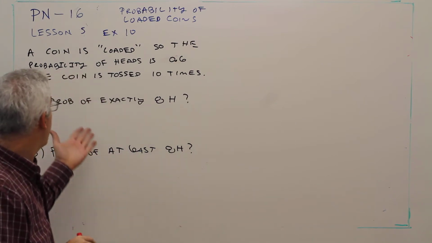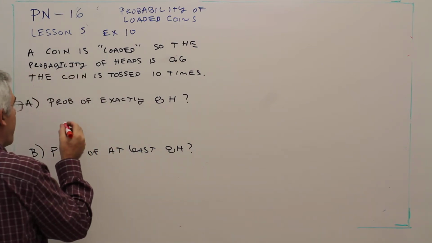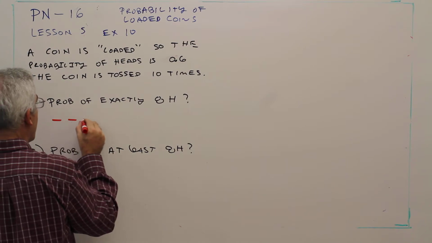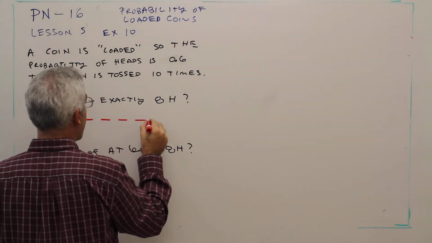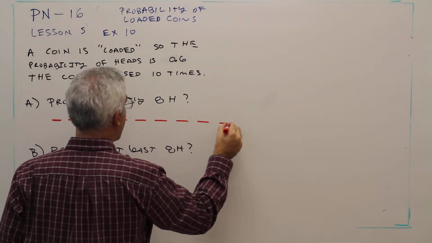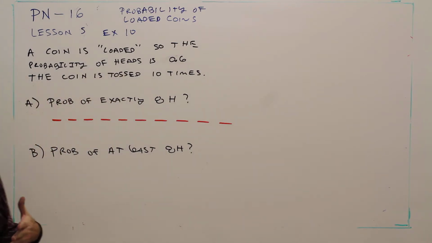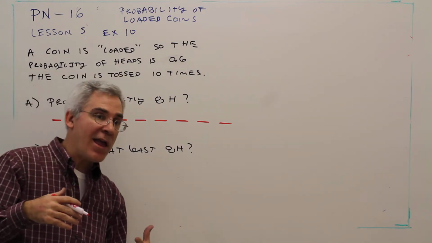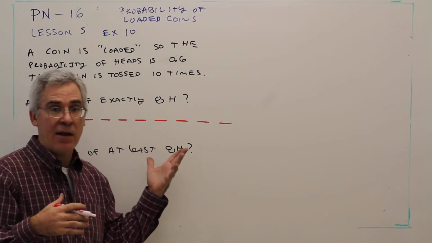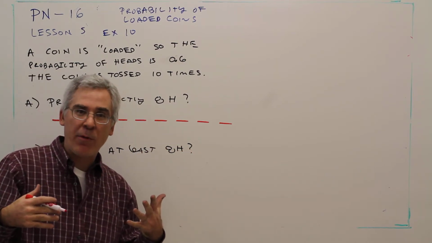Okay, so let's just take a look at this. I'm a visual person. 1, 2, 3, 4, 5, 6, 7, 8, 9, 10. What I'm going to do is find out how many ways I can get 8 heads and then deal with the probability.